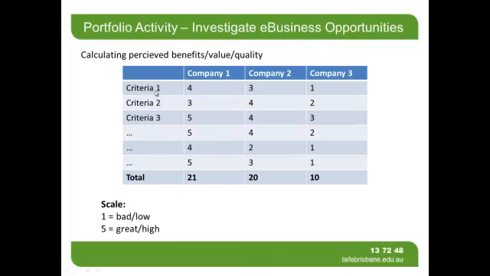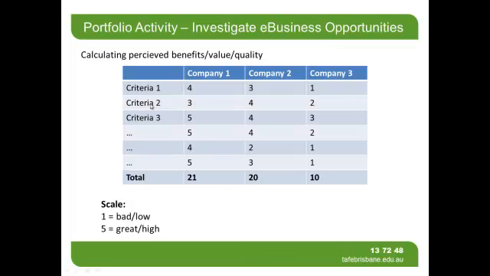So for example, criteria 1 could be the food, whether they provide refreshments on the flight and how good they are. So a company that provides refreshments inclusive of their air ticket and the refreshments are quite good might score a 4. Down to someone who provides poor refreshments and you also have to pay for them, you might score a 1. And down here we have a rating scale. So 1 equals bad or low value and 5 equals great or high value.